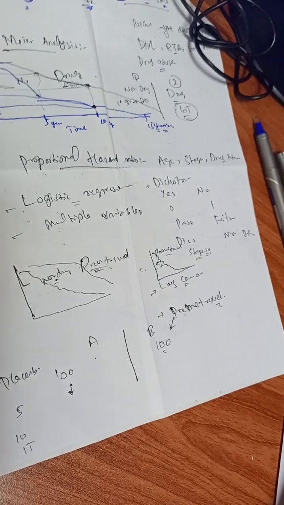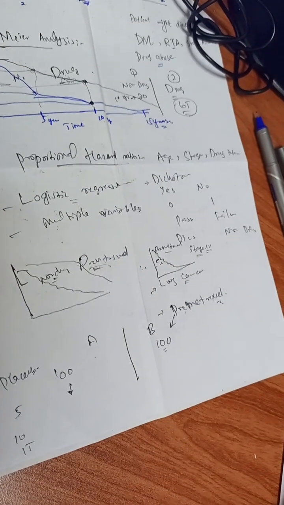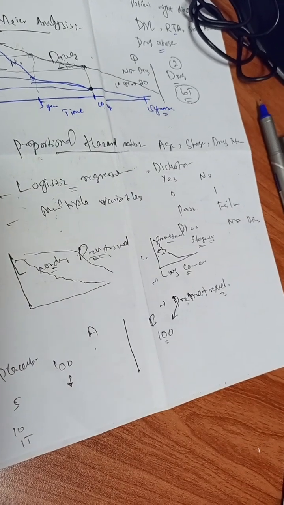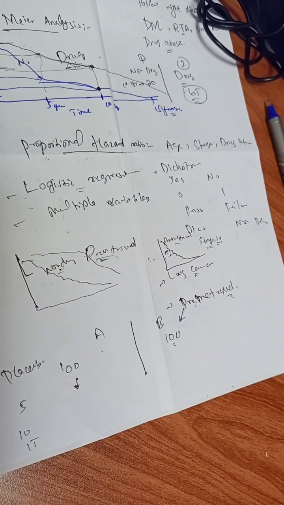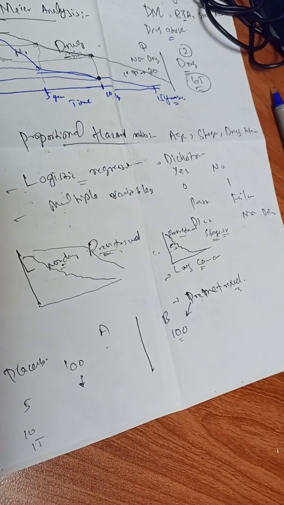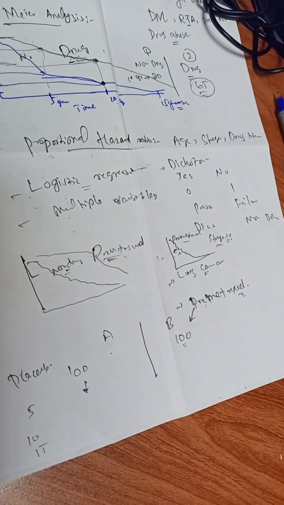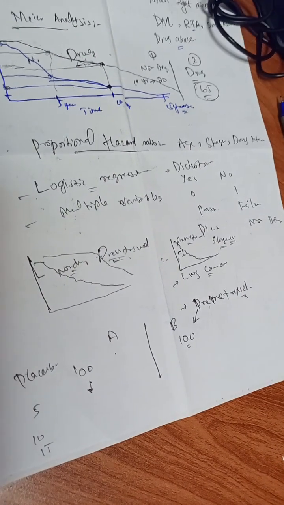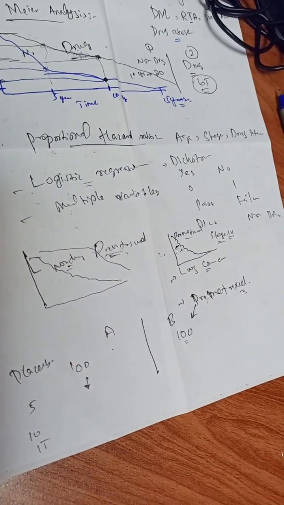So Cox proportional hazard analysis is similar to logistic regression, because it accounts for many variables that are relevant to predicting the outcome of a dichotomous variable.